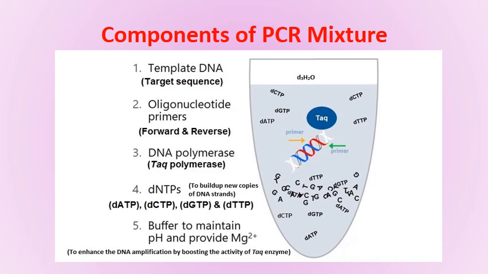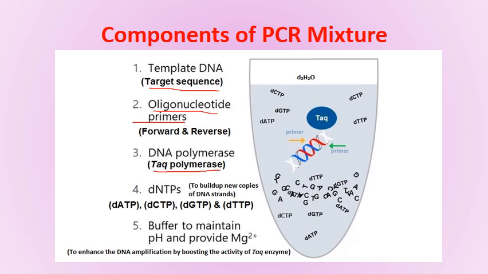This represents the components of the PCR mixture. Firstly, we add template DNA containing the target sequence desired in a specific gene. Second, oligonucleotide primers, as we said before, forward and reverse primers.